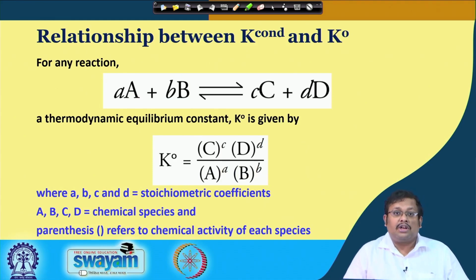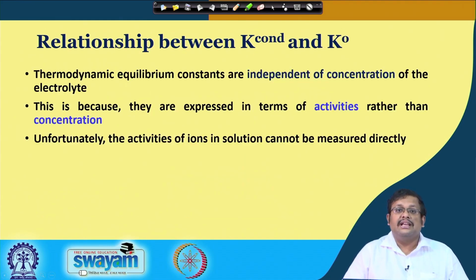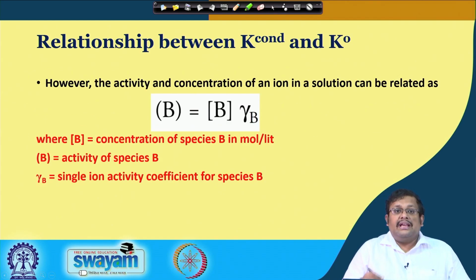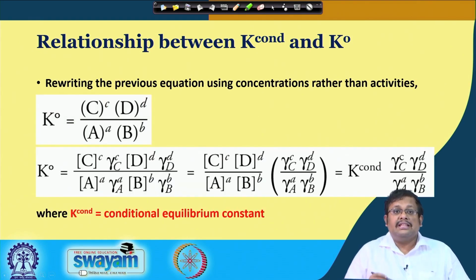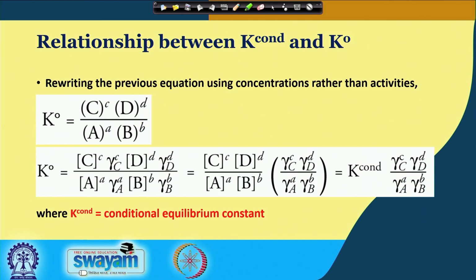From there we have talked about the thermodynamic equilibrium constant, and then we established a relationship between the activity and concentration with the help of activity coefficient for a particular species, and using that we have established the relationship between the conditional equilibrium constant or conditional stability constant and thermodynamic equilibrium constant.